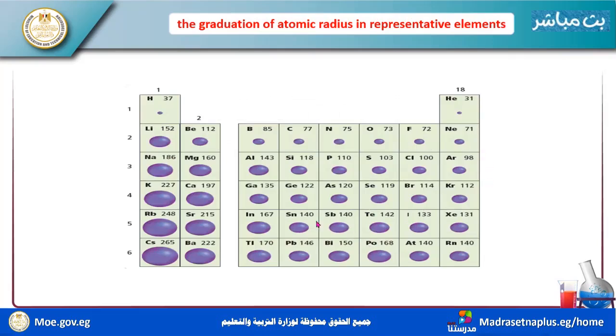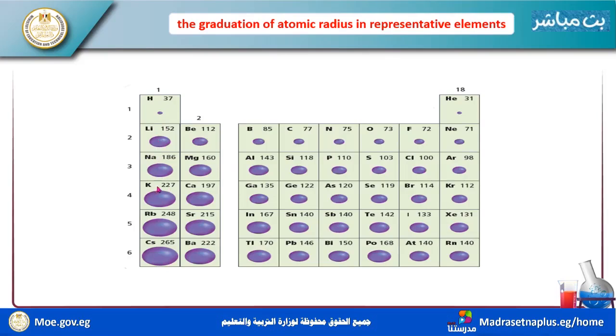We want to know the gradation of the nucleus. Focus on the tables and these shapes we find here. Firstly, group 1A starts with hydrogen. We have atomic size very small on this side.